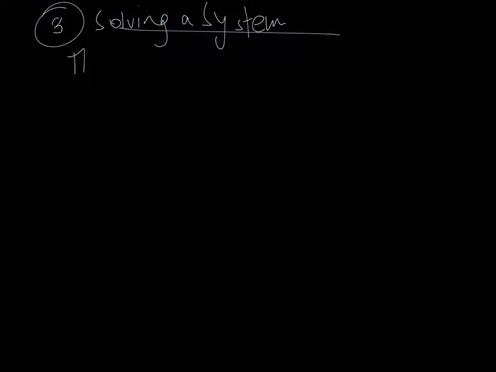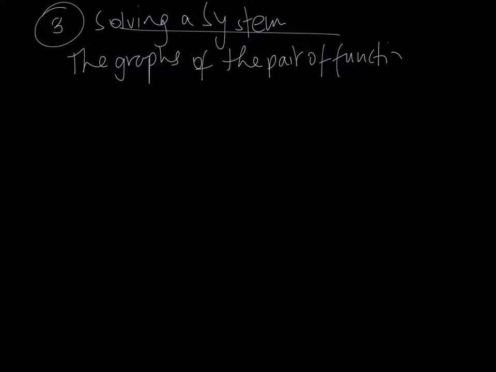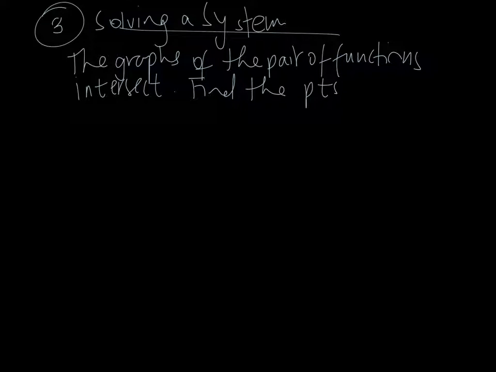Here it says that the graphs of the pair of functions intersect, which immediately makes you think of a system, correct? There is a solution. And I'm asked to find the points of intersection. So I have to solve the system. That's basically what I have to do.